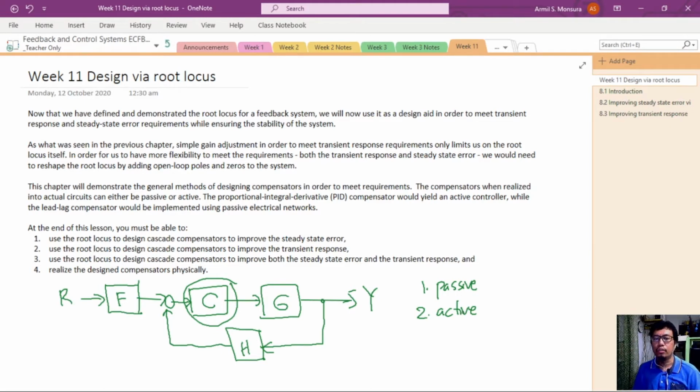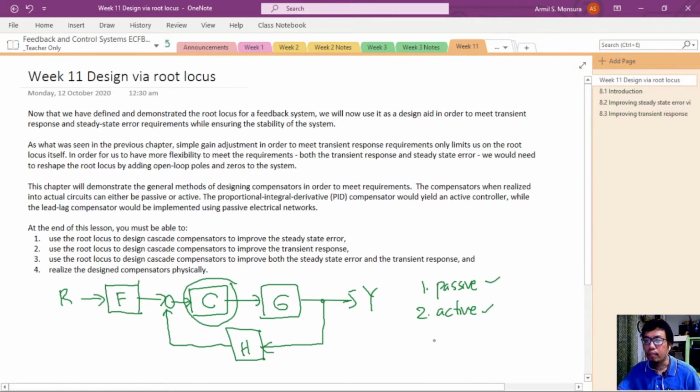Dahil nga yung H natin would be the sensor, F would be a converter that would convert the input to an electrical signal, and our G is basically your plant or your process, which may be mechanical, or electromechanical or pneumatic or whatever system. So yung C natin is basically an electronic circuit. Ang controller natin or ang compensator natin is an electronic circuit, which can either be passive or active.